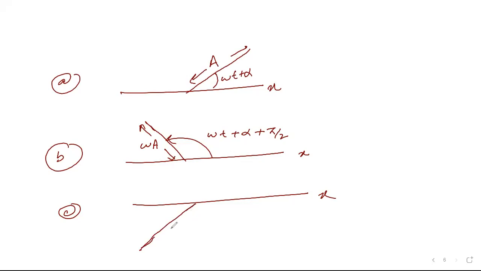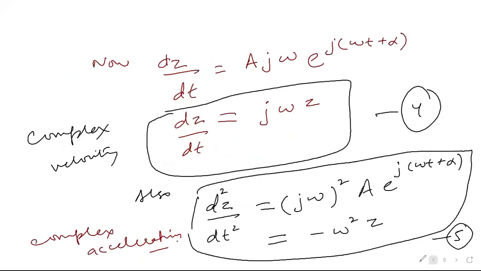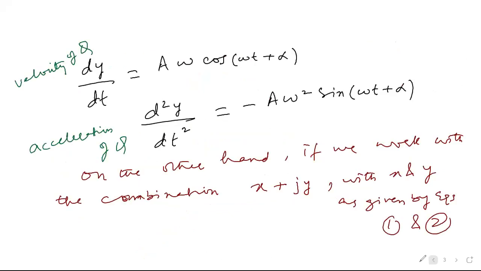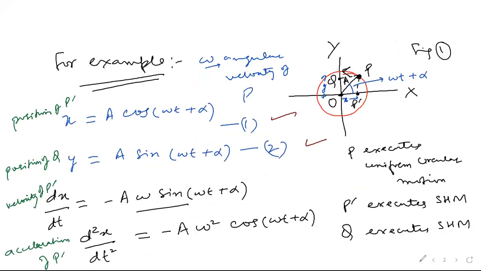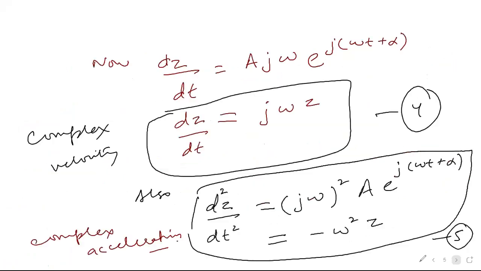This length is omega square a. Let me complete it and justify it. It is omega t plus alpha plus pi. Let me name it figure 2. Yes, this is my figure 2.